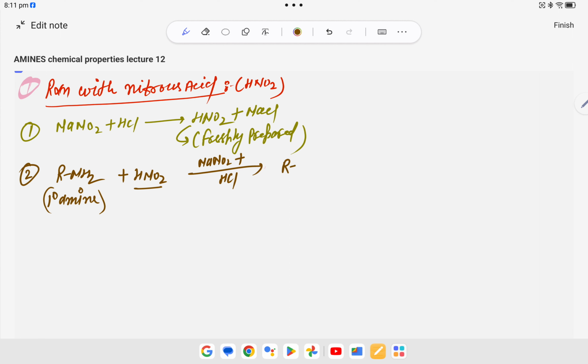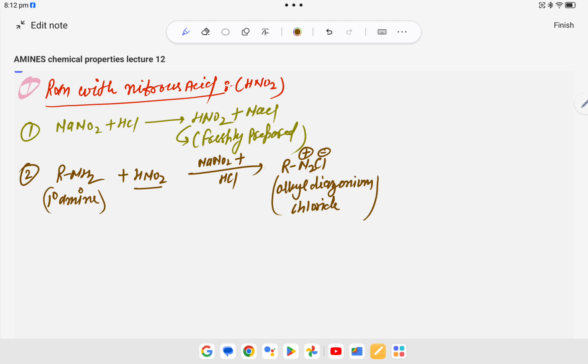In that case RN2+ Cl- will be formed. It's called alkyl diazonium chloride.